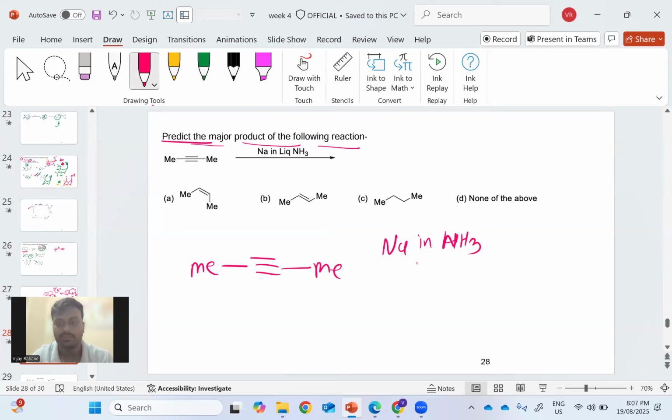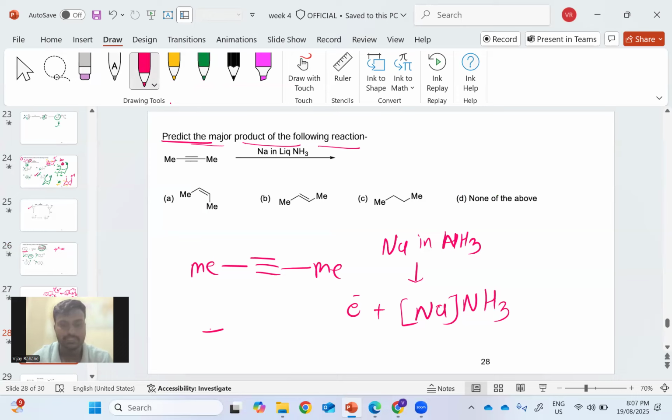Right. So what happens with this sodium and NH3? It forms Na and this NH3 salt, an electride salt, and it gives the radical, one electron, to the system.